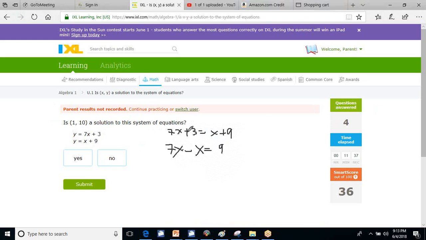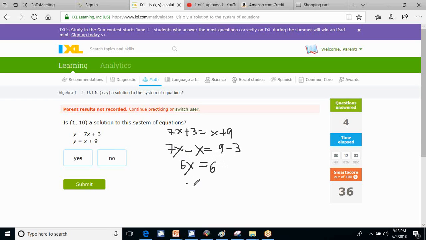If you're going to move this plus 3 to the right hand side, it becomes a minus 3. So 7x minus x is 6x, and 9 minus 3 is 6.